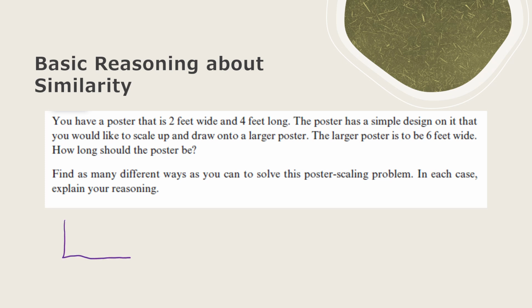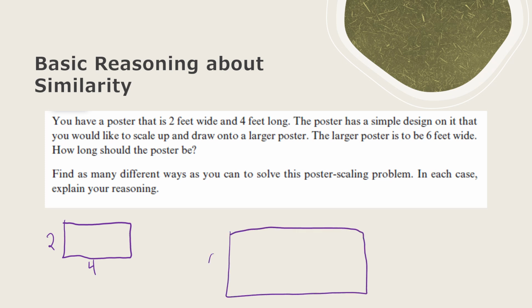So let's say this is your 2-foot by 4-foot, and this is our 6-foot. And the question is, how long is it? Well, one way you can see it is by saying, hey, to get from 2 feet to 6 feet, I had to multiply by 3.